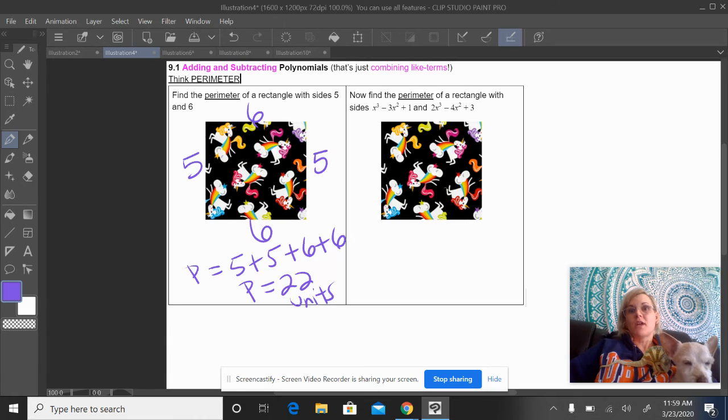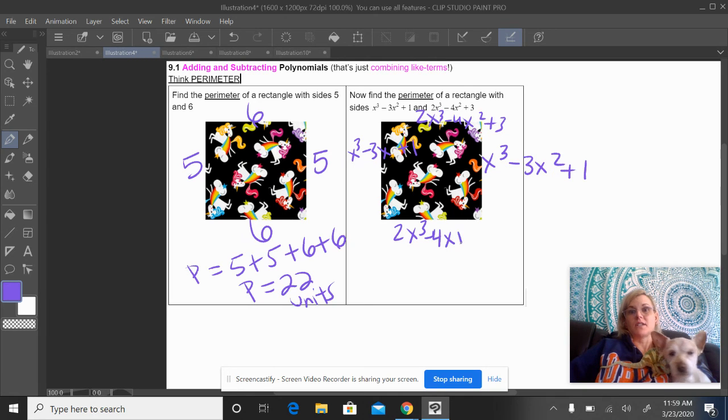Okay, so if I want to find the perimeter of this rectangle, my side lengths are x cubed minus 3x squared plus 1. That means this side also has to be the same. This side is going to be 2x cubed minus 4x squared plus 3, and this side is going to be 2x cubed minus 4x plus 3.